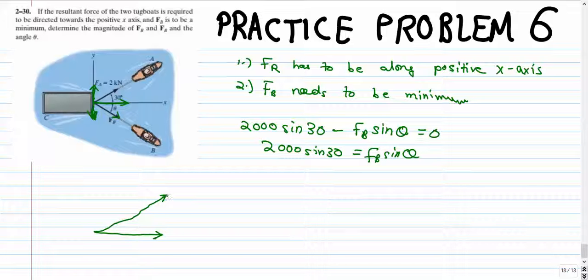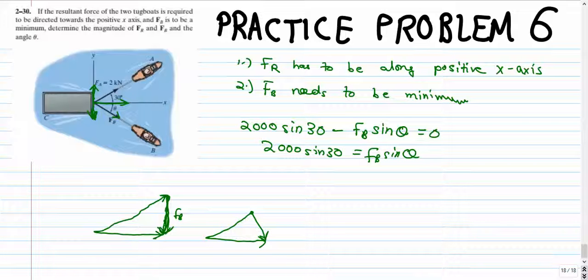And now for FB, we say that it's the shortest, or it's the smallest if it's directly downwards like this. But let's say, what if FB is not directly downwards? What if it's a little bit slanted to the left or to the right? So what if our triangle is instead like this?